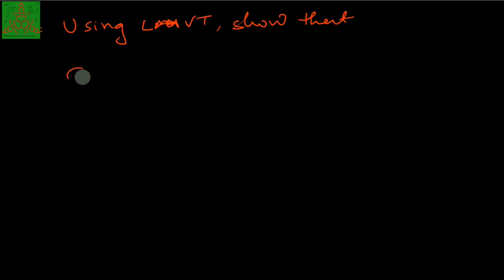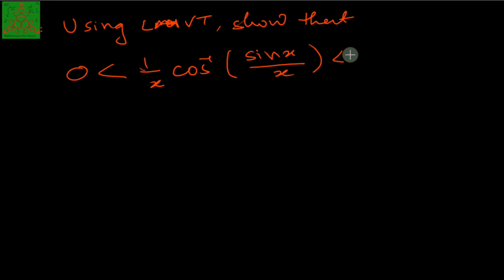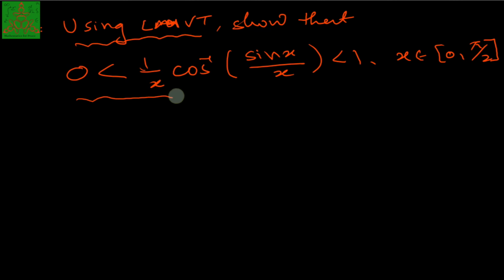The first one is 0 is less than 1 by x cos inverse of sin x upon x less than 1, where x belongs to 0 to pi by 2. So using LMVT we have to establish this inequality.